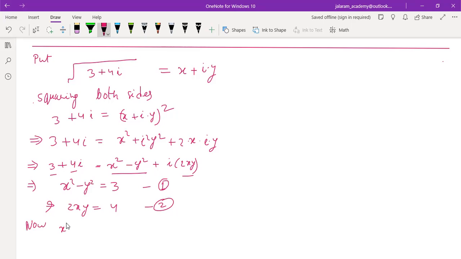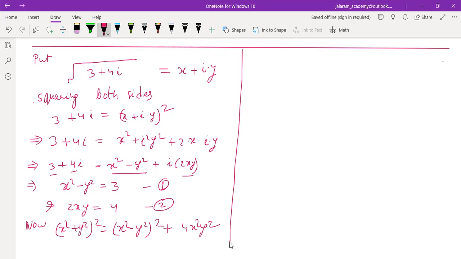And the identity: x square plus y square whole square equals x square minus y square whole square plus 4x square y square. Using this identity, we will get x square plus y square whole square equals, value of x square minus y square is 3, so 3 square plus value of 4x square y square, means 2xy whole square, is 4 square.